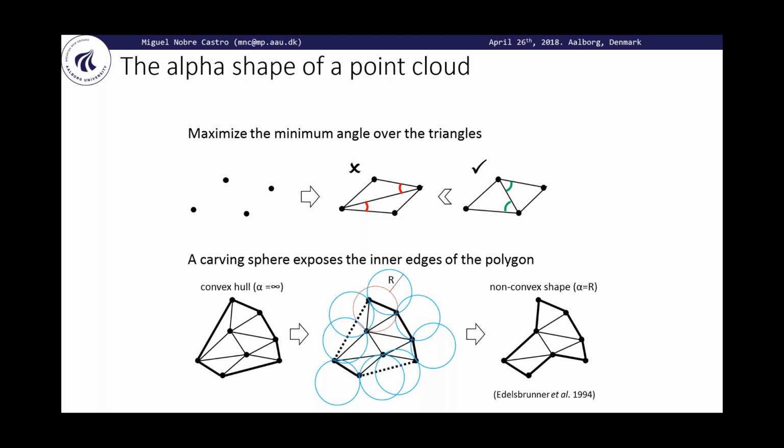So in the end, as I'm showing here, you end up with the non-convex shape on the right side, which has, as you can see, two concave faces.